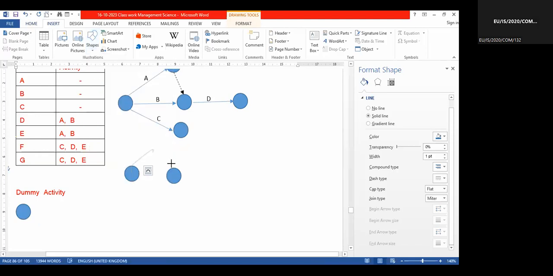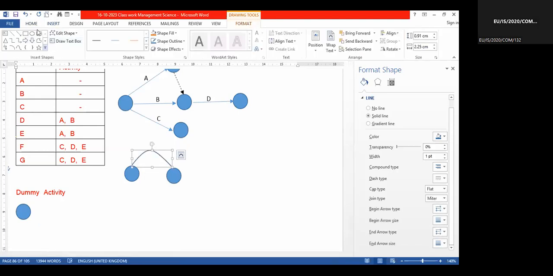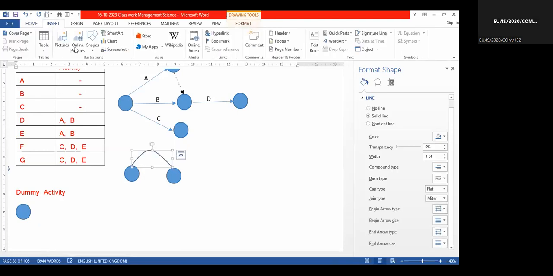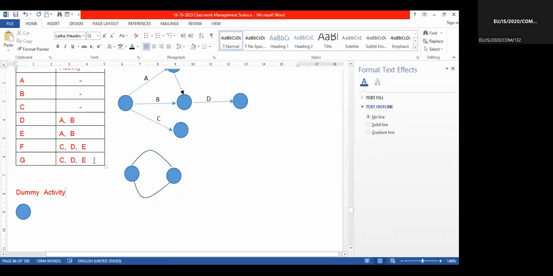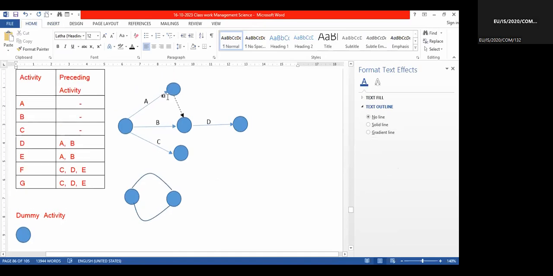This is A. This is B. We cannot join it here like this. It's a wrong practice. So therefore, I have to use a dummy to connect A and B.